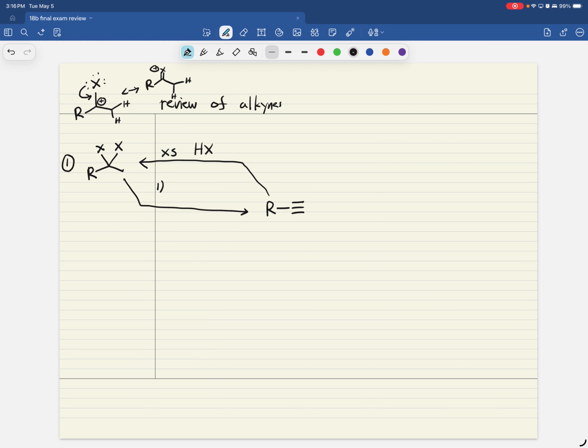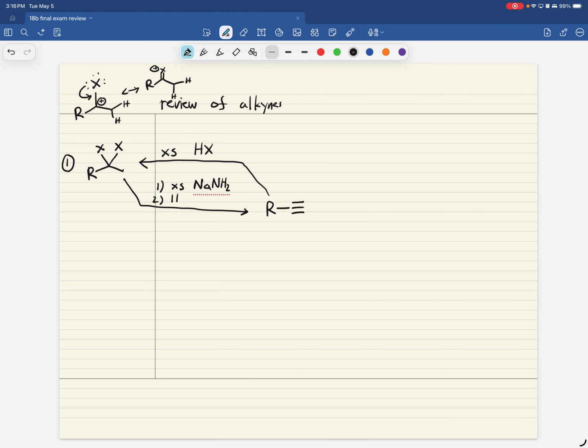Remember when we learned about alkynes, you need a special base, that nitrogen base. You can use LDA, or the one I taught you. Usually in this case, we use excess sodium amide, NaNH2. That would be our base of choice.